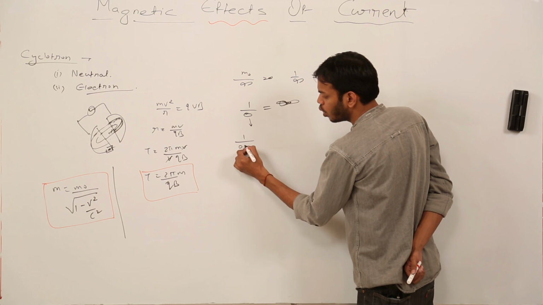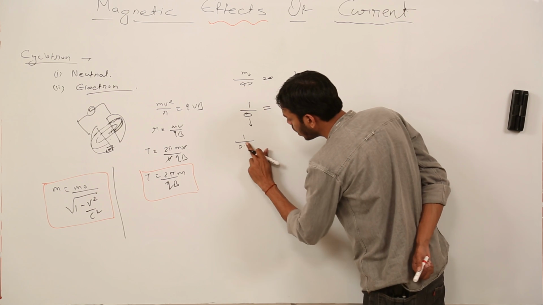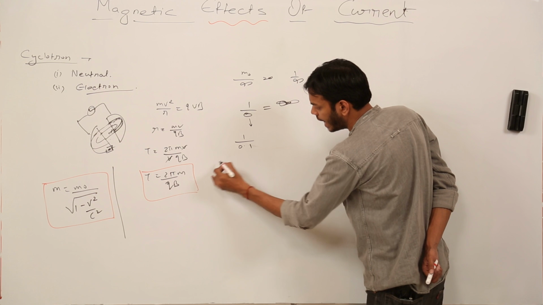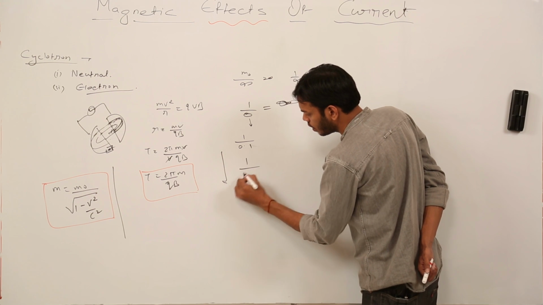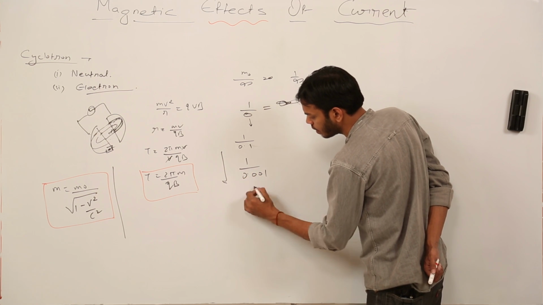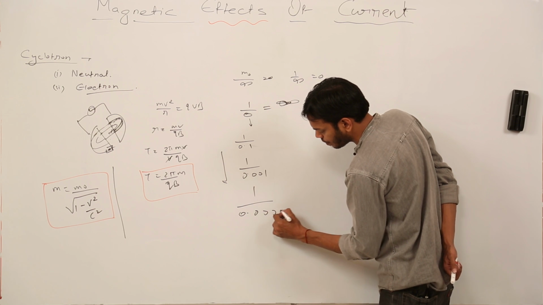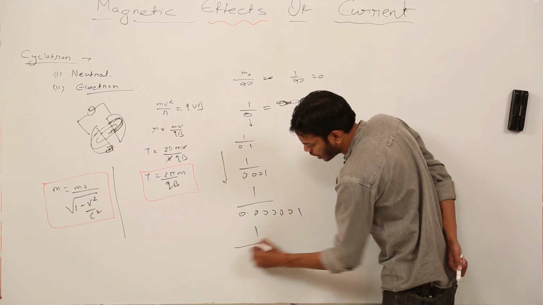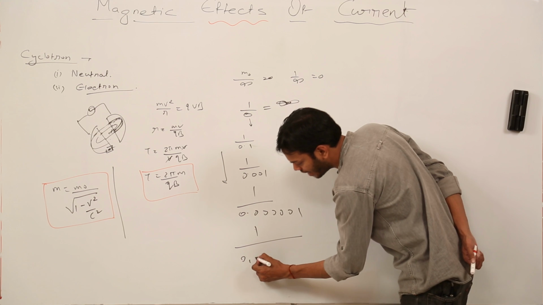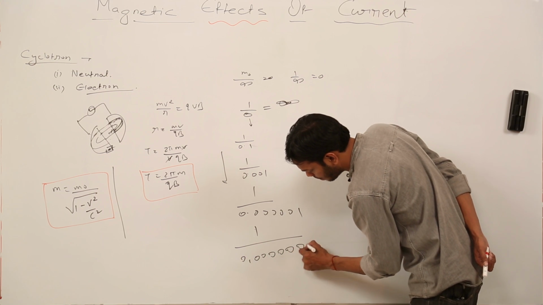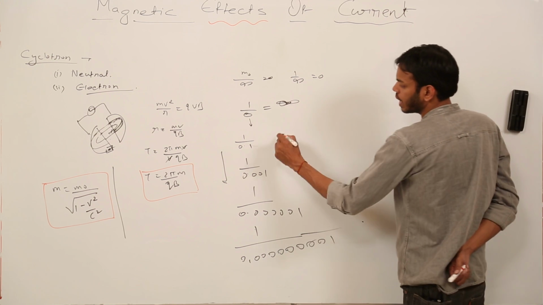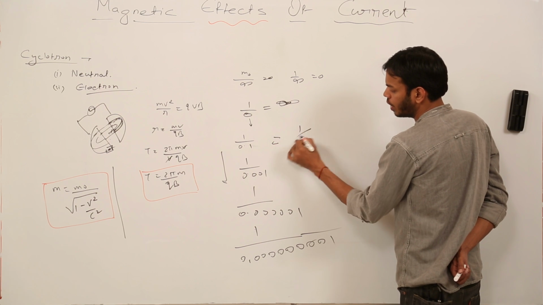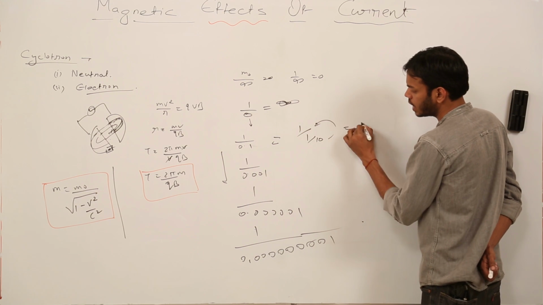I am going from 0.1 and I will go towards 0. 1 upon 0.01. These are all zeros. Please excuse my writing. So this value is 1 upon 1 by 10, which is 10.